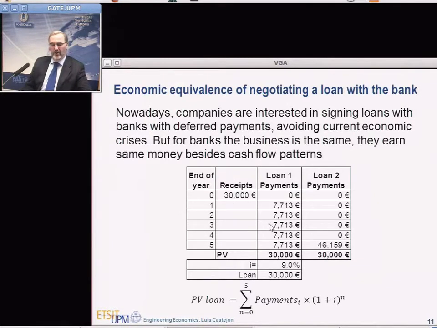So we will see how this amount of 7,713 euros is calculated. That's just to know that the present value of these future cash flow streams is 30,000 euros, the same amount you have borrowed from the bank.